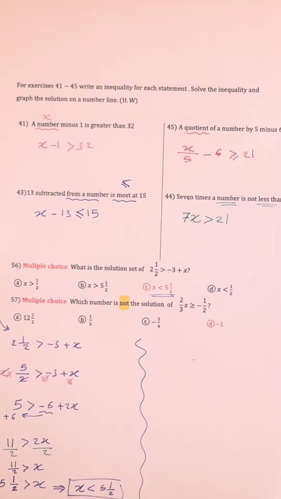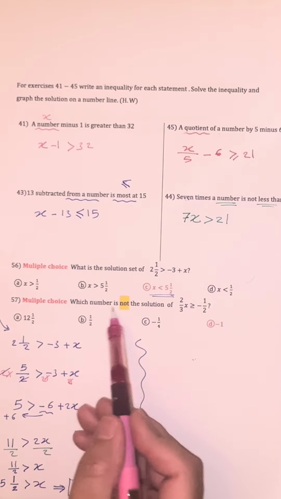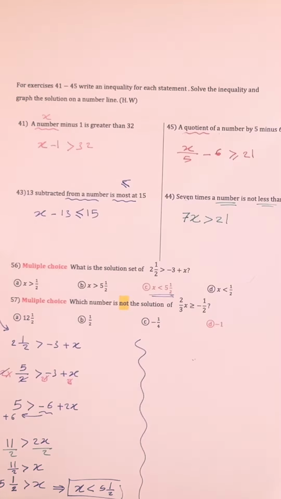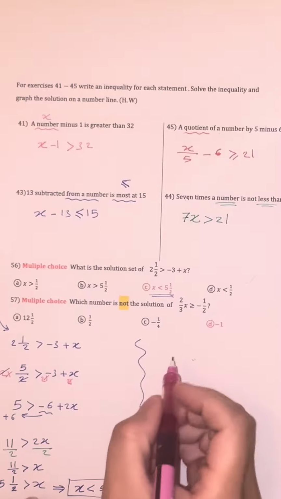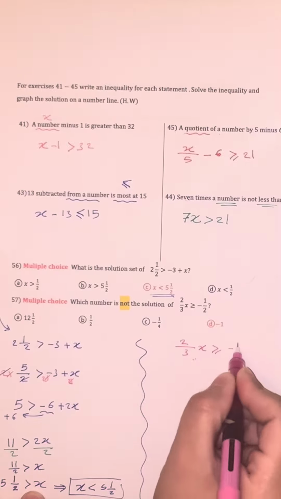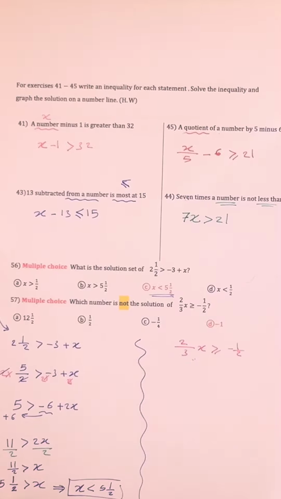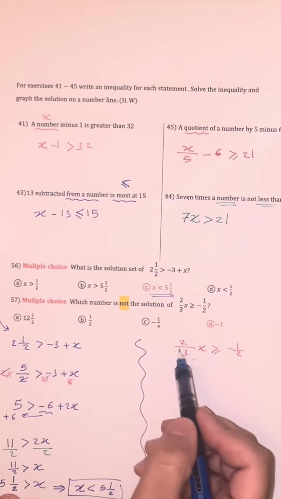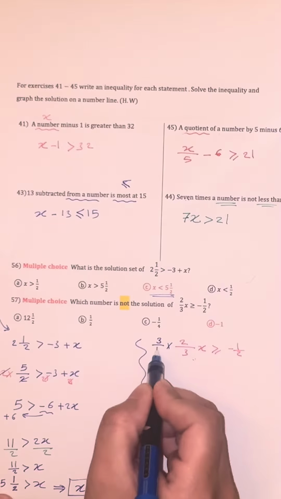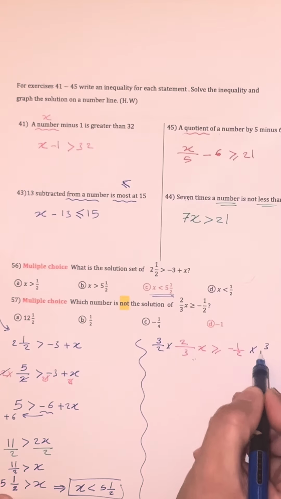For the next question, which number is not the solution of this inequality? Beware of the word not inside the question title, okay? I will write the same inequality, okay? To cancel this fraction next to the variable, I will multiply both sides by the reverse of the fraction, okay?